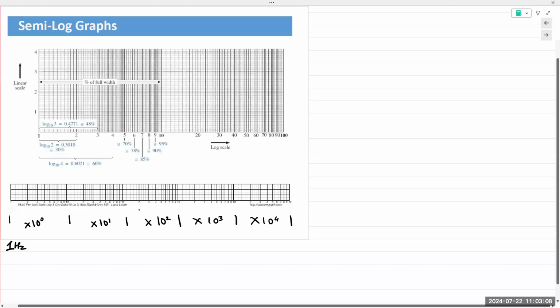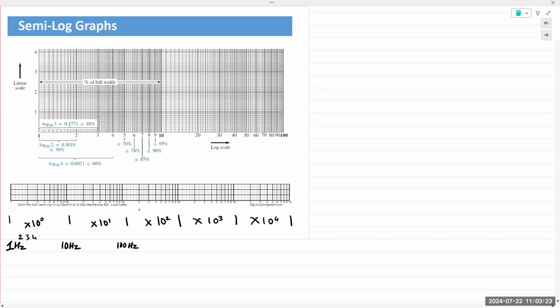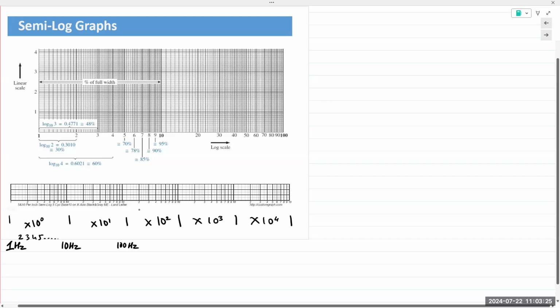So 1 into 10 raised to 0 goes all the way up to 10 hertz, because the first one is 1, then it goes 2, 3, 4, 5 until 10. And then the multiplier changes. So 2 into 10 raised to 1 becomes 20, 30, 40 until you reach 100.